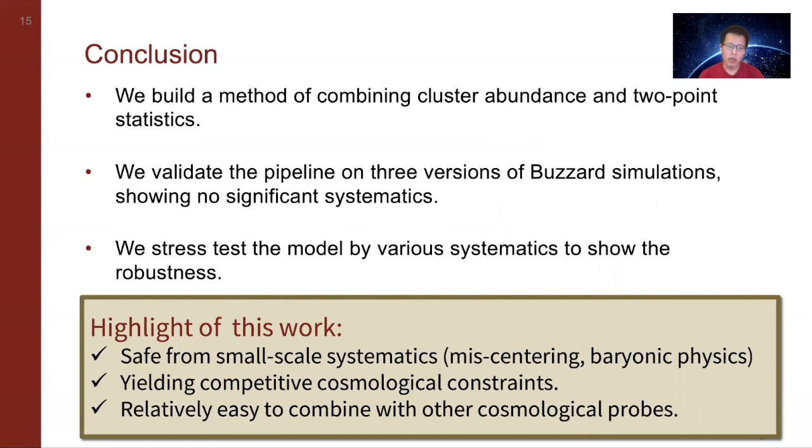We further stress tested our model with various systematics to show its robustness. Some of the highlights of this work are that our work is free from small scale systematics, it has competitive cosmological constraints, and it's relatively easy to combine with other cosmological probes.